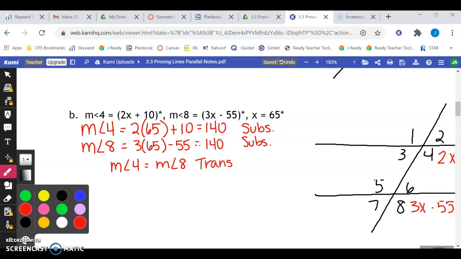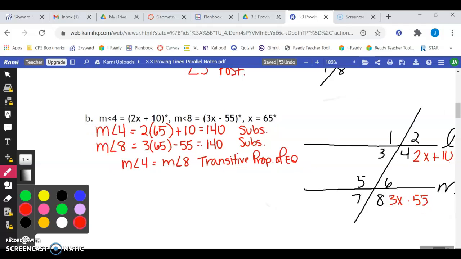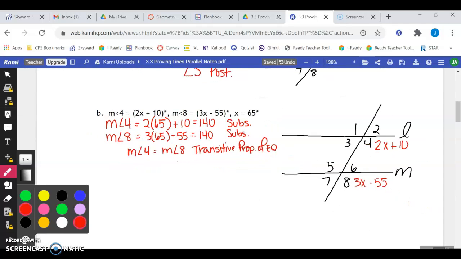If we know something and we use that to figure out that two other things are equal, then that's the transitive property of equality. And then from there, if those two angles are equal and we look at this picture, they're corresponding angles. So I can say that angle 4 is congruent to angle 8, and that's based off of the congruent angles definition.